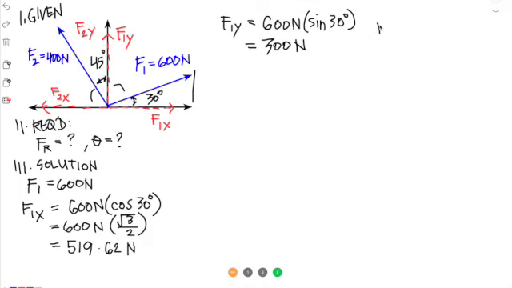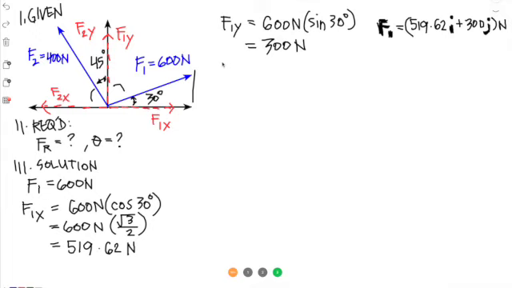Just to begin, I will write here the Cartesian form of the first vector. That would be 519.62 i plus 300 j newtons. So we have the Cartesian vector form for the first vector, force 1.